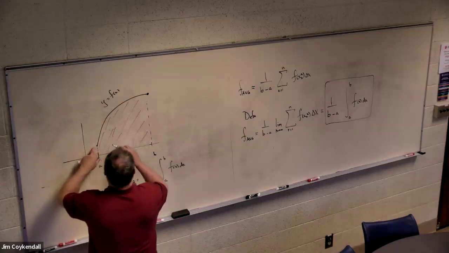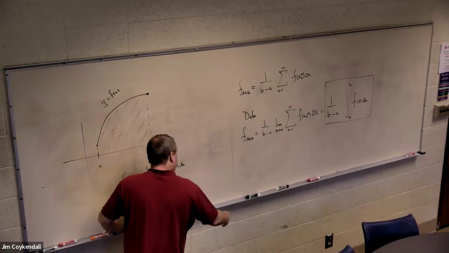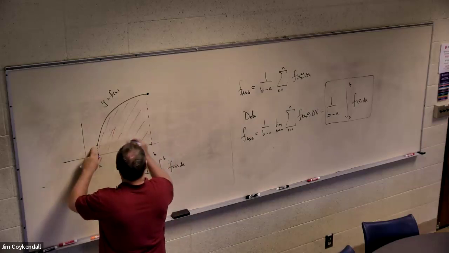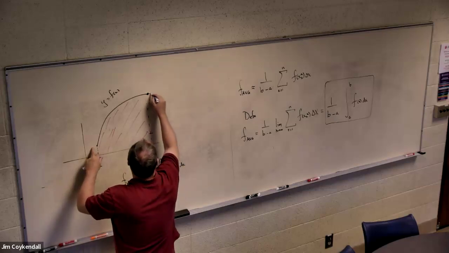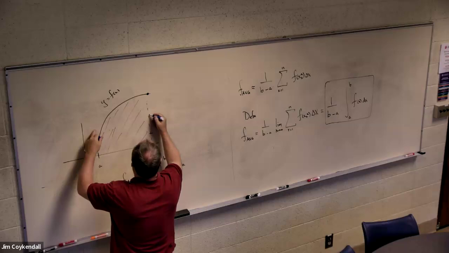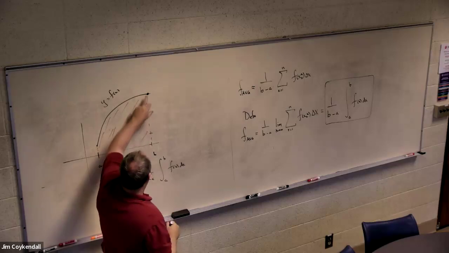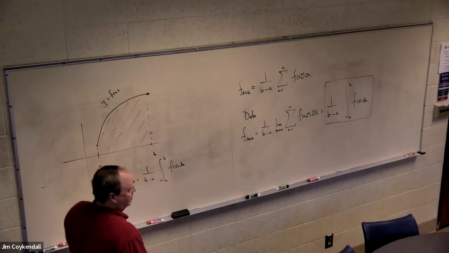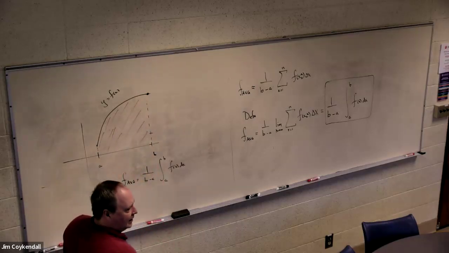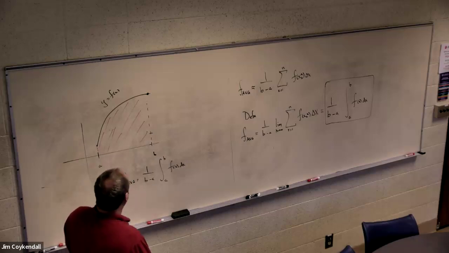So would you say, if I average this value, this is about right in the middle. Do you think the average value would be higher or lower than this midpoint? I think it'd be a little bit higher.